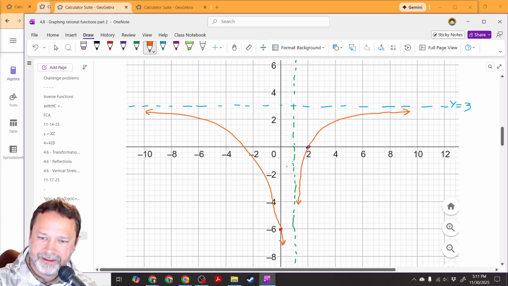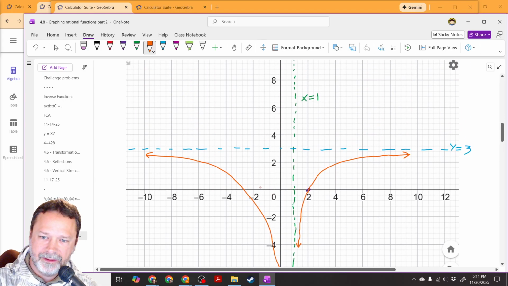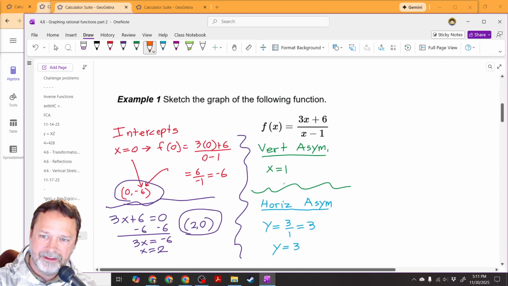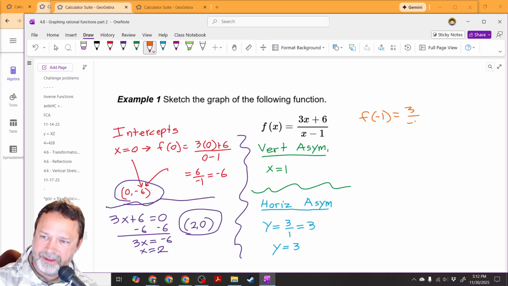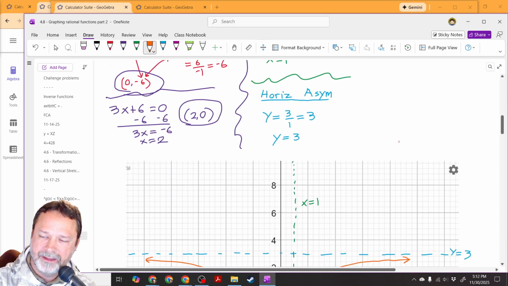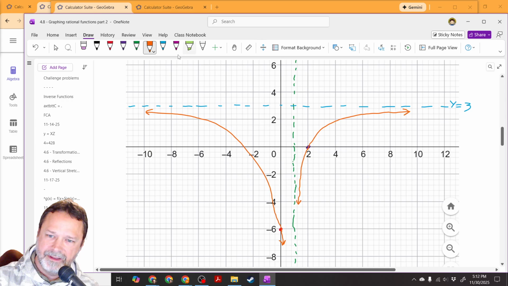Some easy points would be like x equals -1. So what is f of -1? That's going to be 3 over -2. Okay, so -1 comma -3 halves. It'd be like right about here.